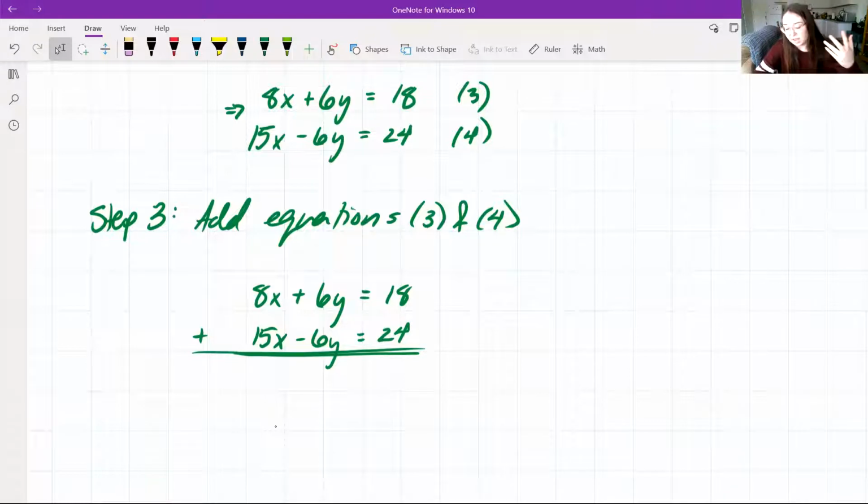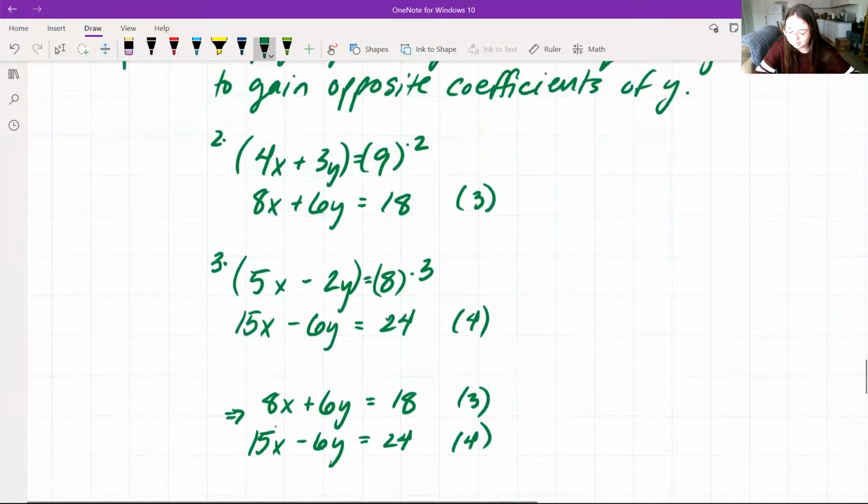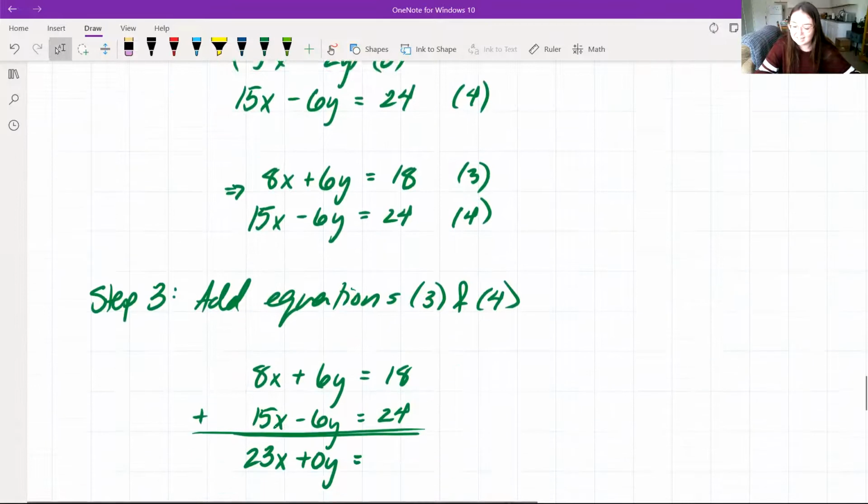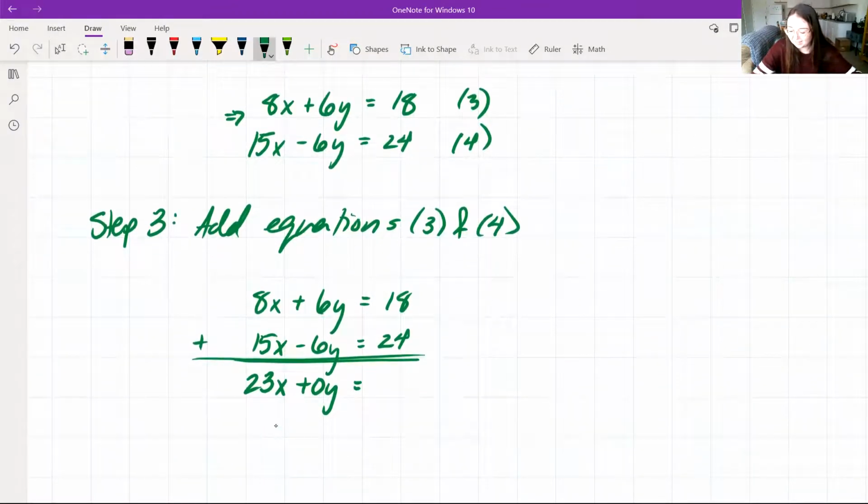Adding these values together, 8 plus 15 is going to give us 23x. 6y plus negative 6y is going to give us 0y. And 18 plus 24 is going to give us 42.